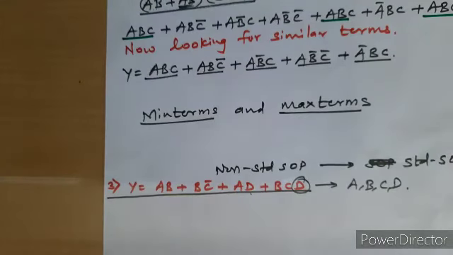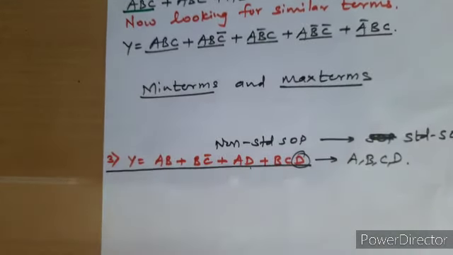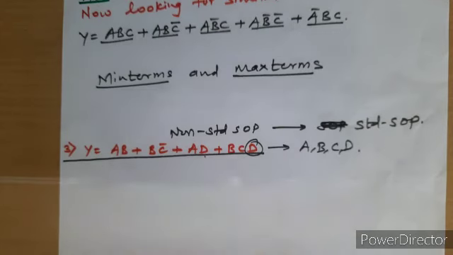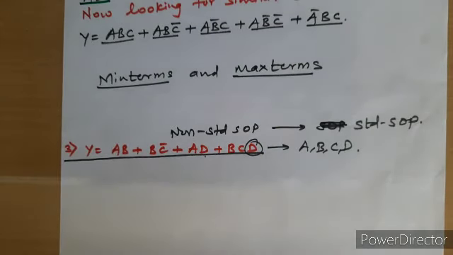Okay, so considering 4 literals, you have to see how many literals are missing in each term, and then you can just try to solve this and send me the snap to my personal WhatsApp, then I can understand that you actually have understood the concepts, right?